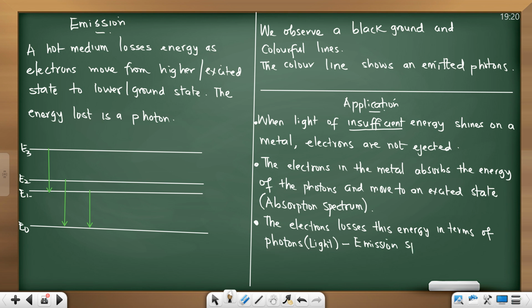These photon released is responsible for the shiny property of metals.